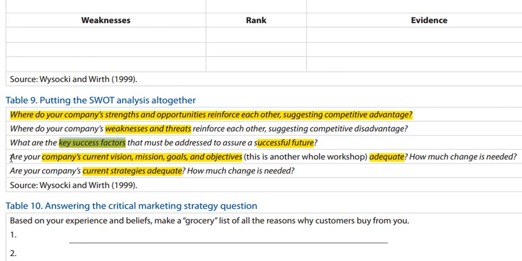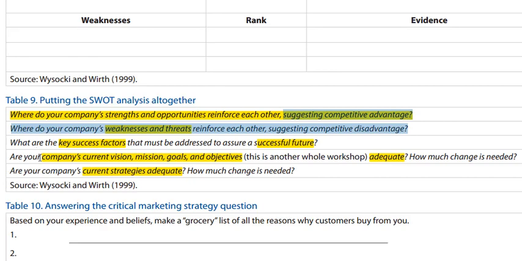Question number 4 is about vision, mission, goals, and objectives, and the assessment of whether these are adequate or need to change according to the current analysis of competitive advantage and competitive disadvantage.